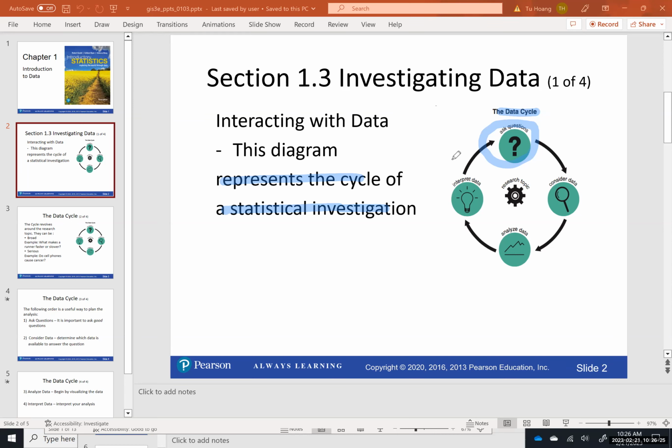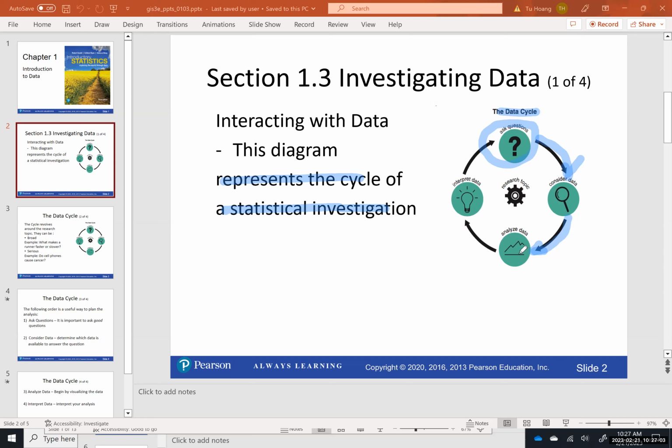And then I start to consider the data, right? By collecting maybe samples, or go to the admission to check with it, and then we analyze it by using graphs and using shift center, something like that, right?